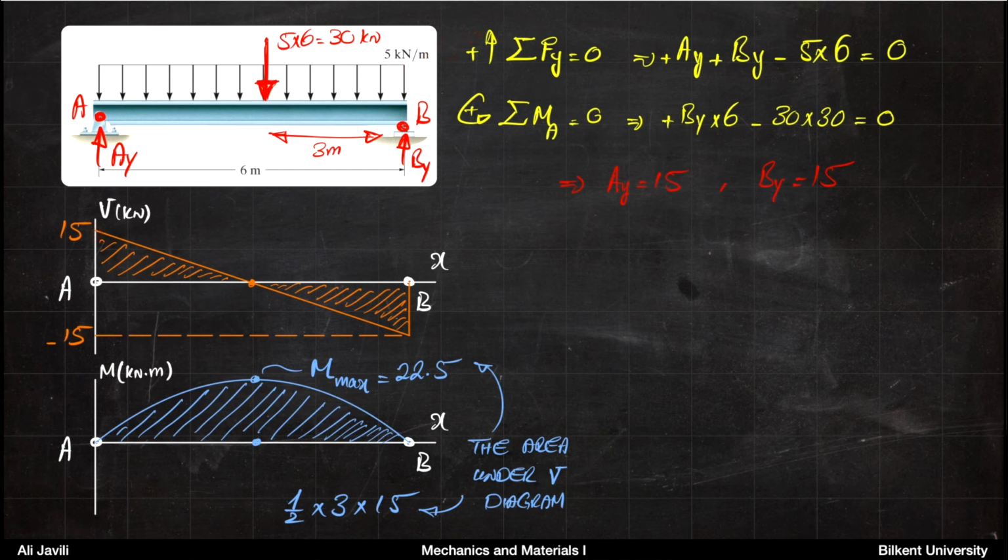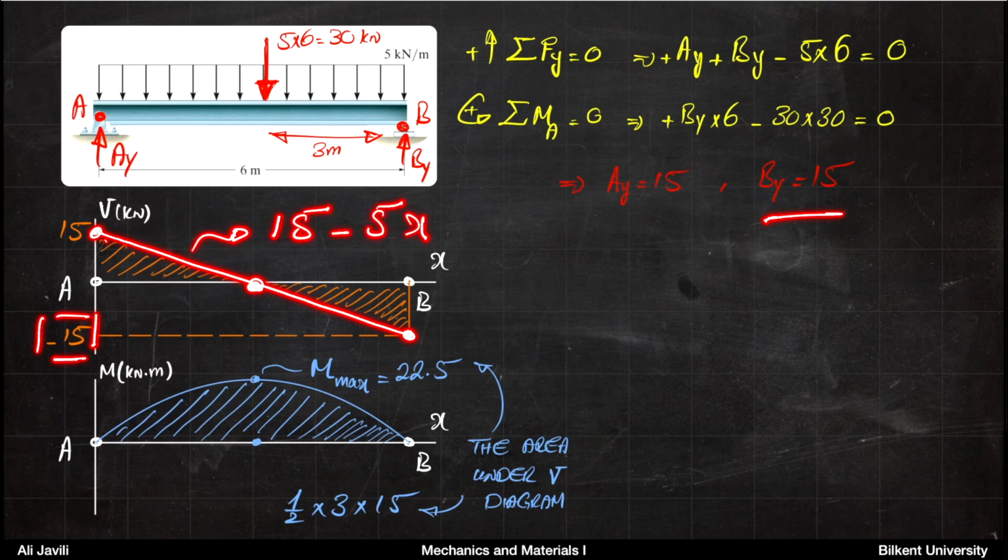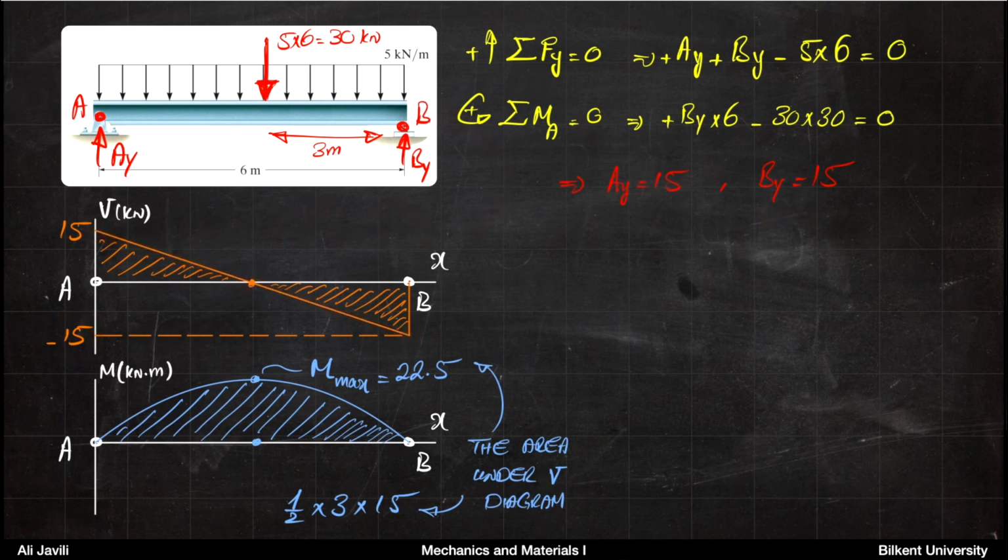So all you have to do is to start from 15, you draw a line with the slope -5, and you end up at -15, which is the force at the support B. Okay, so the equation of this line is basically 15 minus 5x, and then again -5 is the slope of the line, which is the uniformly distributed load.